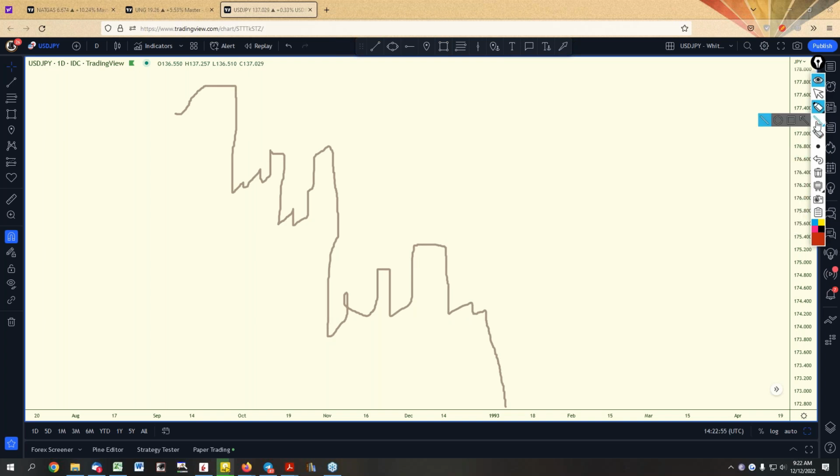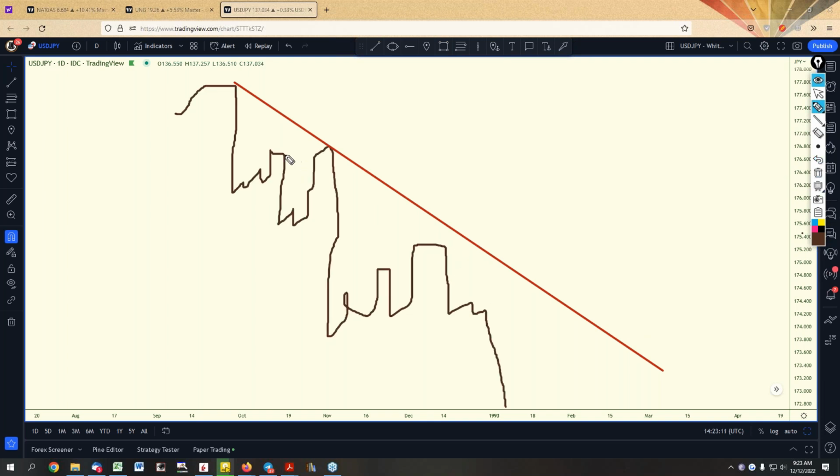and we have a trend line that stems from further back. Well, let me see here. No. That's a bad example.